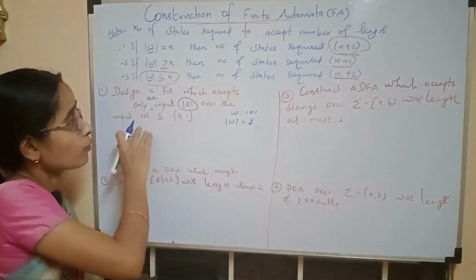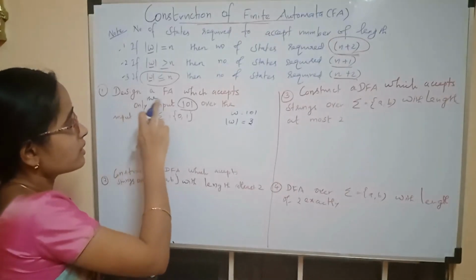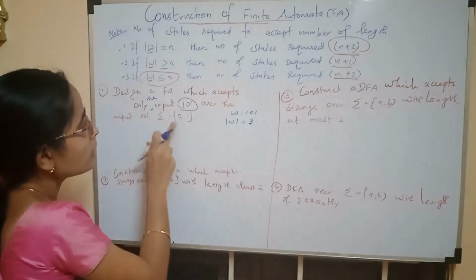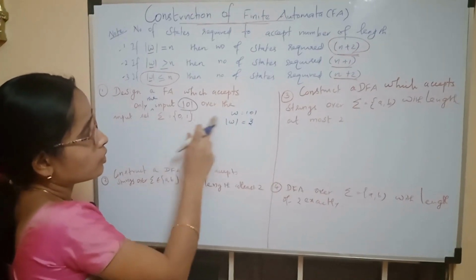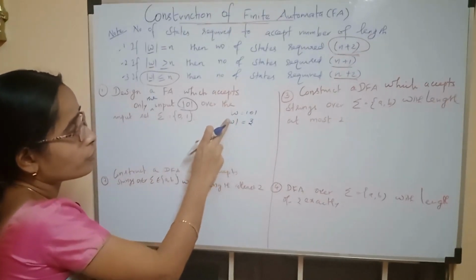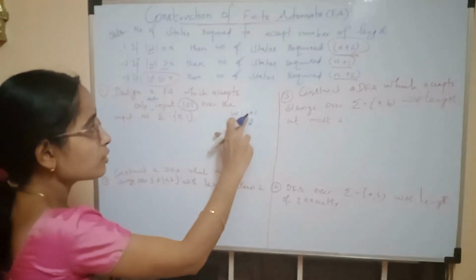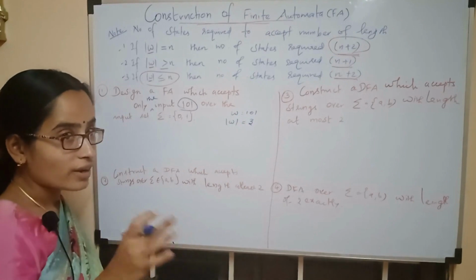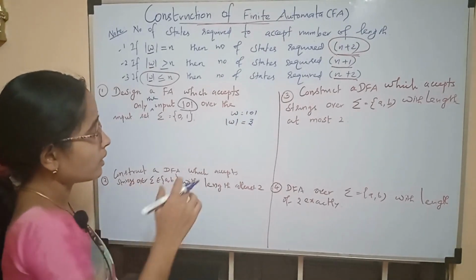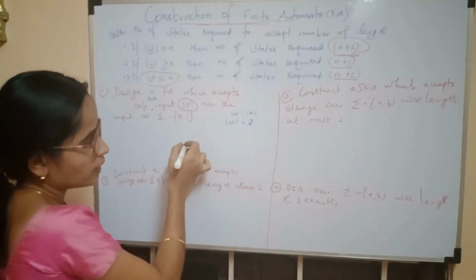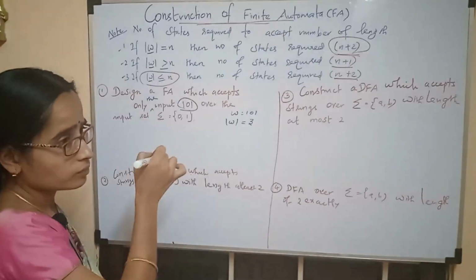So just listen to what I am saying. Design a finite automata which accepts only the input 101 over the input set sigma 0, 1. So you know what w is here and what the length of w is. Other than this input 101, you do not have any other input, right? In that situation you have to find out the number of states for this finite automata.